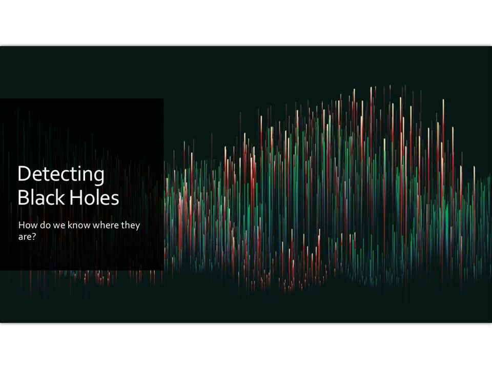And so now we're just going to talk really quickly about detecting black holes. We are not actually going to talk yet about the supermassive black holes that seem to be at the center of our galaxies, but about stellar remnant black holes that are relatively smaller in size.